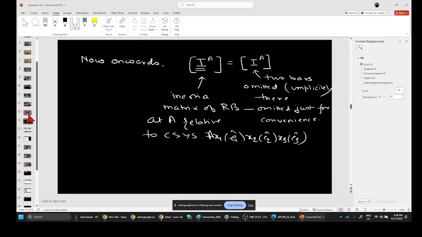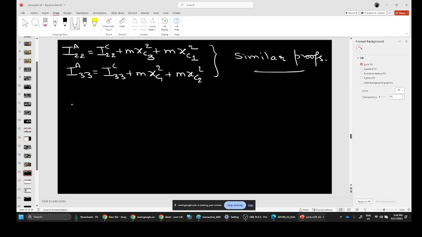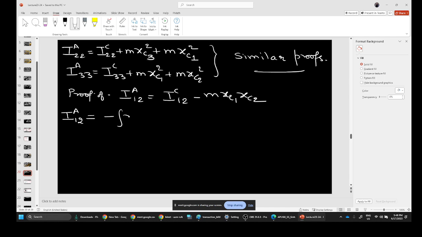Instead, I would pick up one of the other 3 statements, which is here, and would like to prove this. IA12 equals this. Let's quickly have the proof of this. Proof of IA12 equals IC12 minus m xc1 xc2. Even for this, steps are very similar. I start with IA12, which by definition is this.